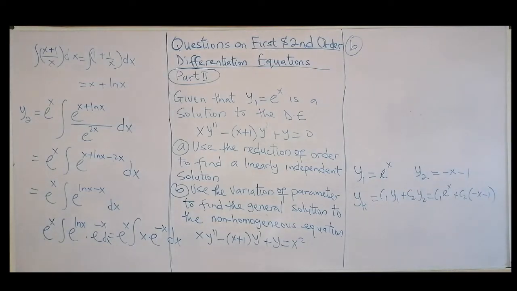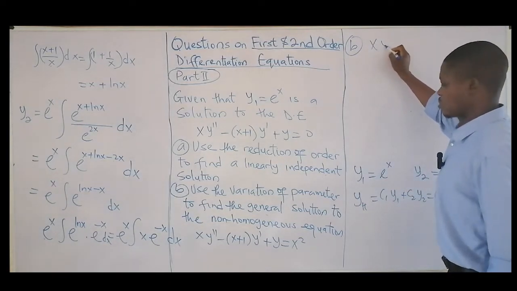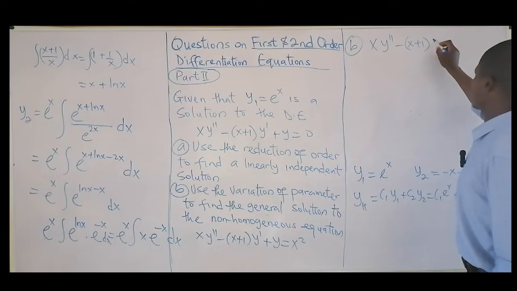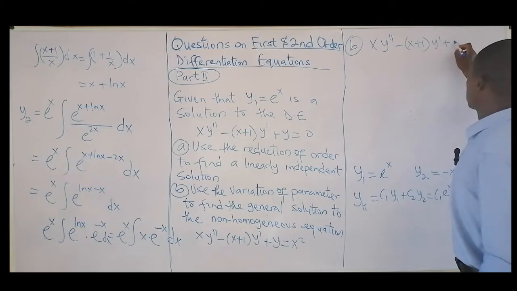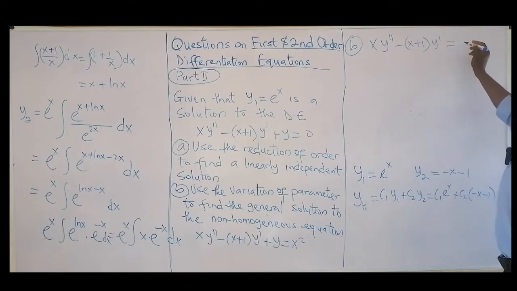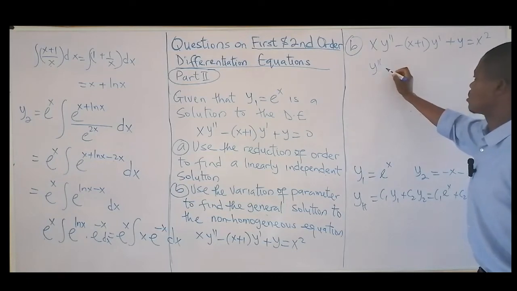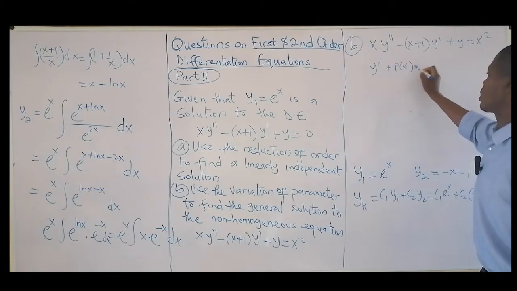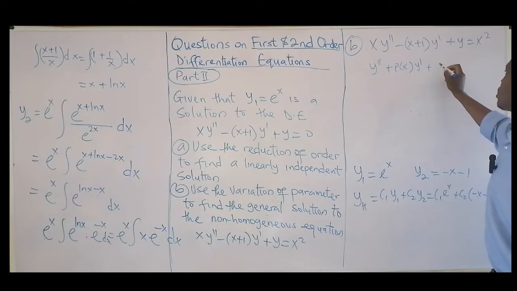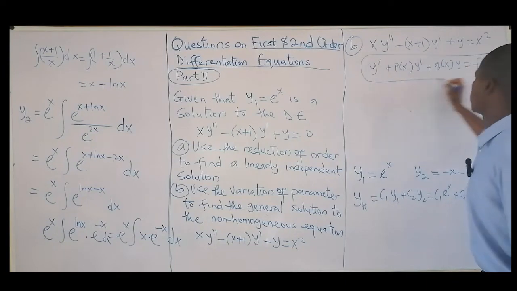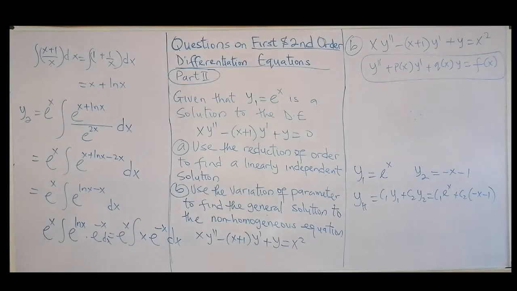Okay, we have this expression, minus x. This is the non-homogeneous part, equal to x squared. This must also conform to the non-homogeneous standard form, which is y'' + p(x) y' + q(x) y = f(x).